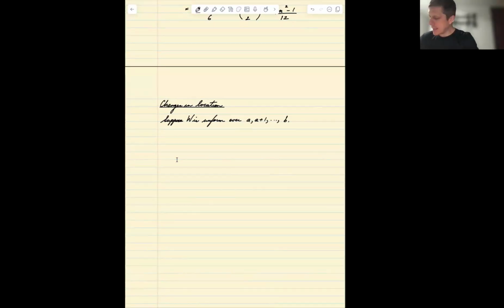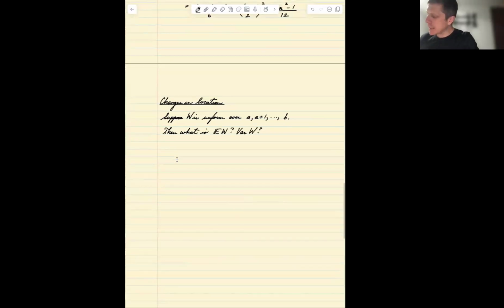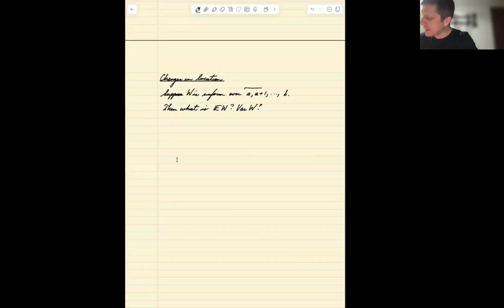In this case, what is the expectation of W? What is the variance of W? We realize that this spans b minus a integers.